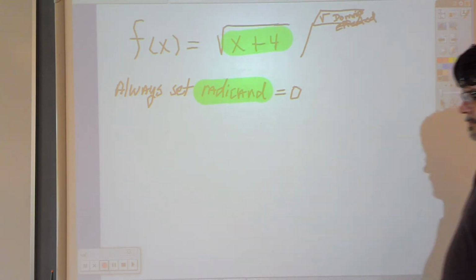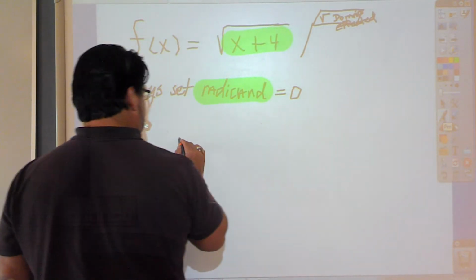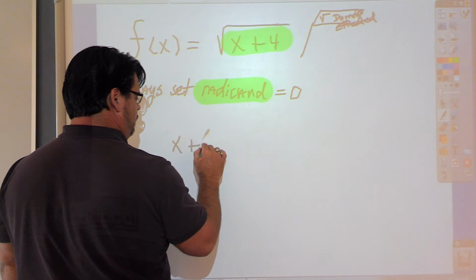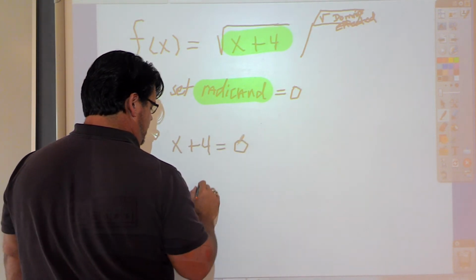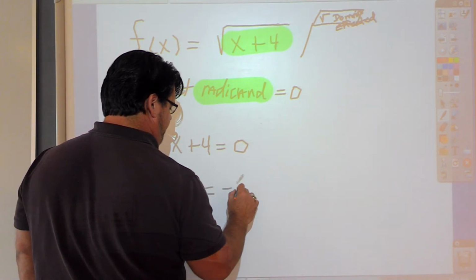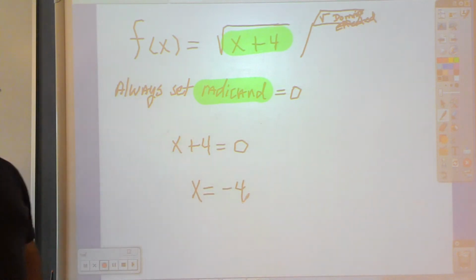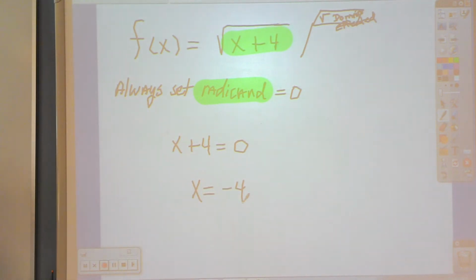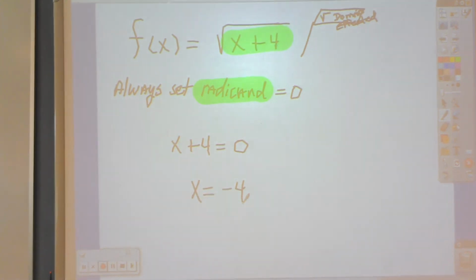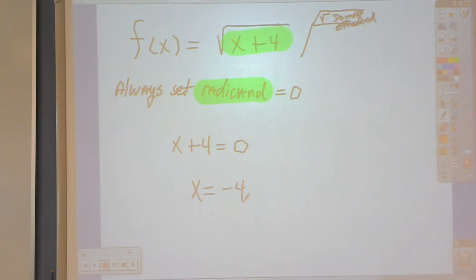So we're going to do that. x plus 4 is equal to 0. x is equal to negative 4. Now, what does negative 4 give us in the radical? 0. Well, you can have 0. That's fine. But now it tells you what will give you a negative.